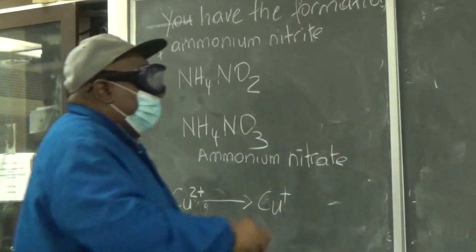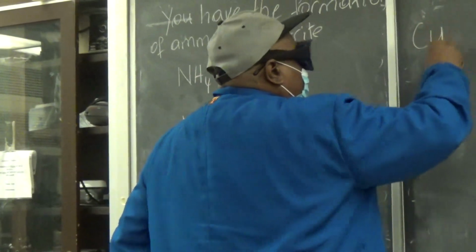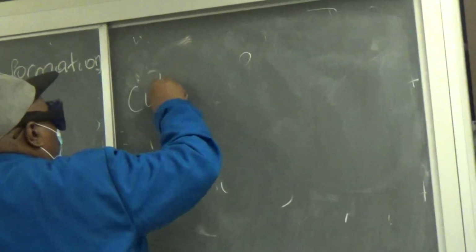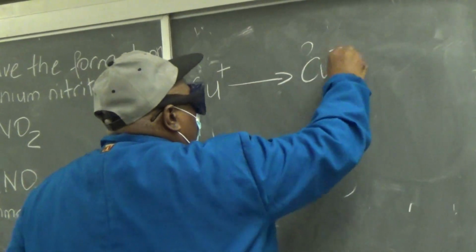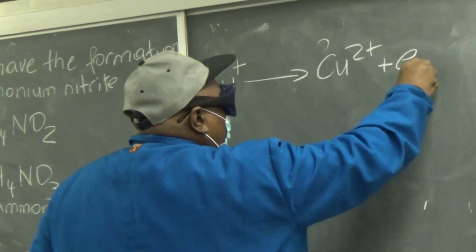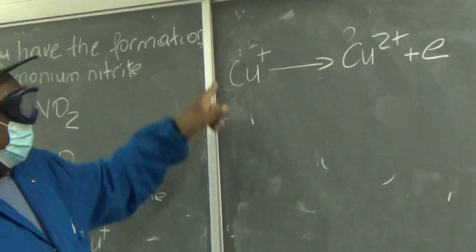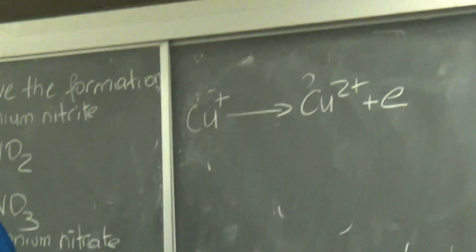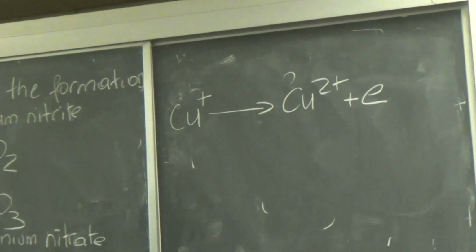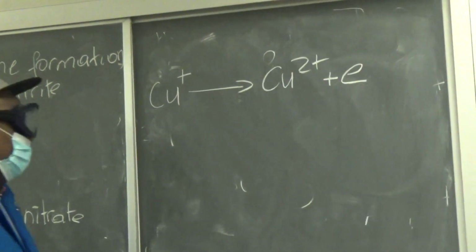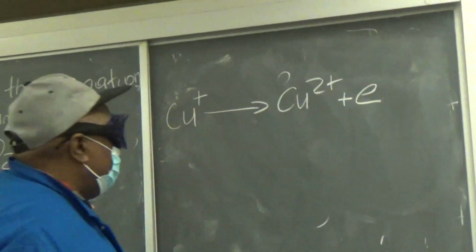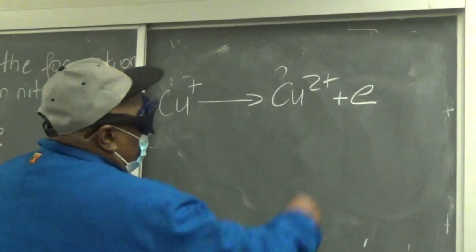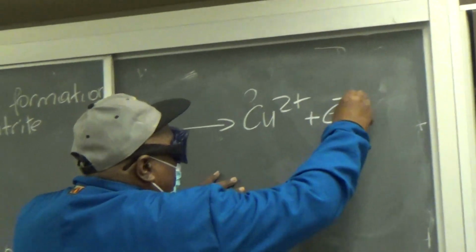Yeah, reoxidize. That means that you have 2 plus, so it goes back from copper 1 plus back to 2 plus. Yeah. And then it releases an electron. E minus? Yeah. Like that. There you go.